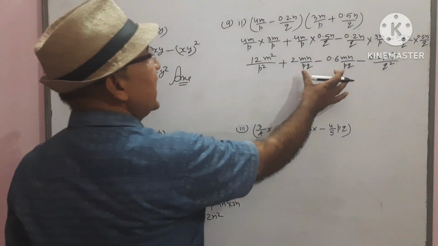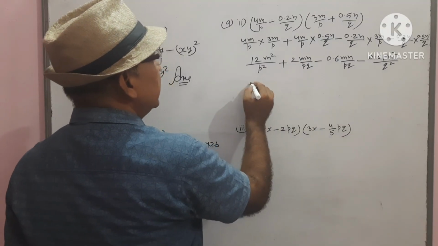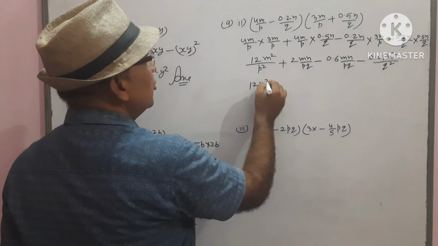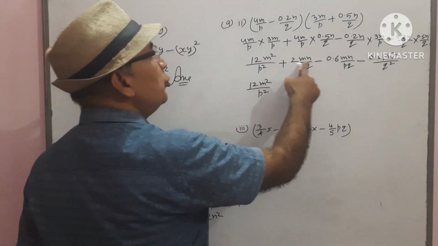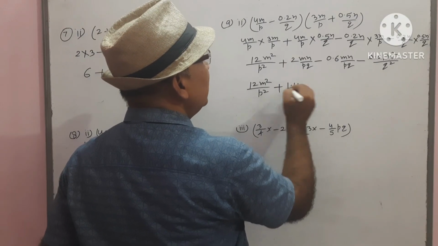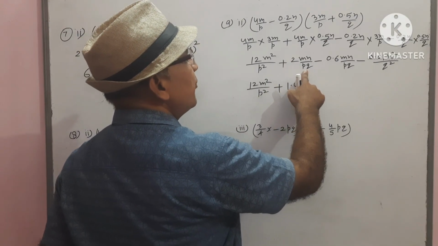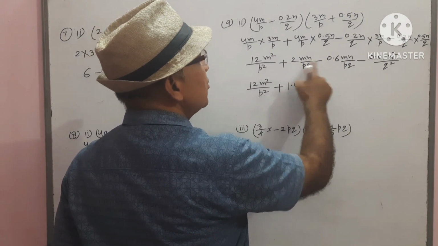Now we are watching that the middle term is same. Then our answer will be 12m square upon p square, 2 minus 0.6 will be 1.4. Because mn upon pq, their coefficients will be solved.